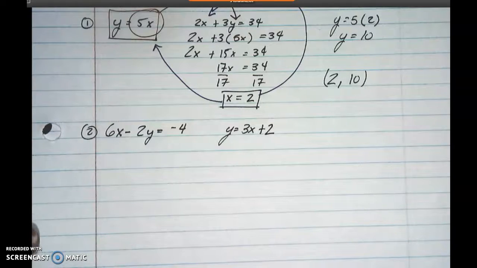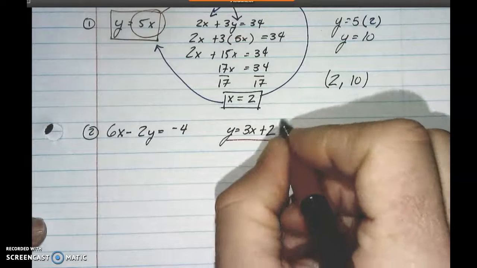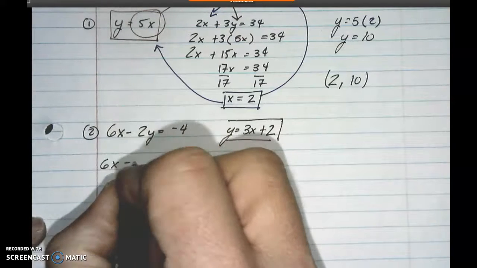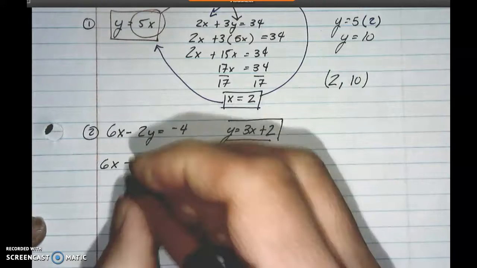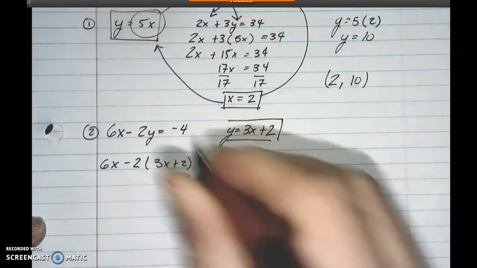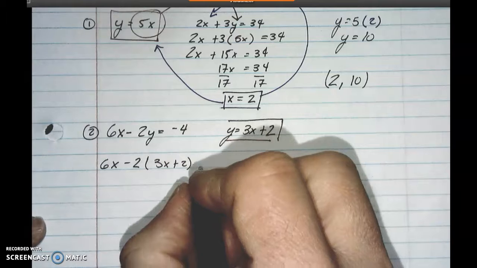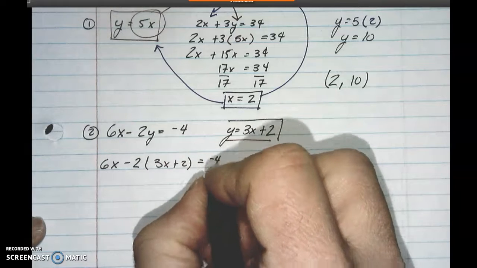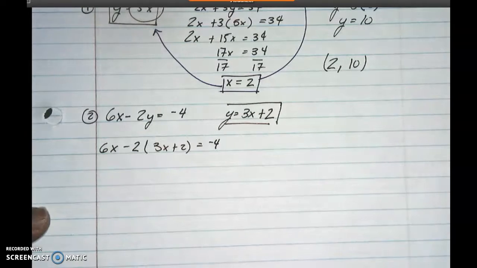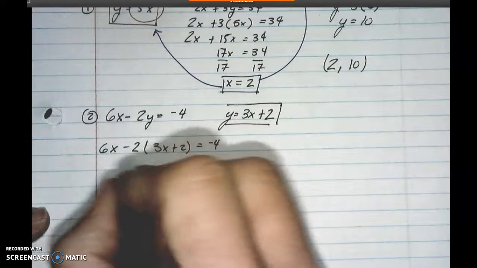I've already got y by itself. So I'm just going to take my 6x minus 2, and I'm going to replace y with 3x plus 2. That equals negative 4. And then I'm going to work through it and just use my algebra, okay?